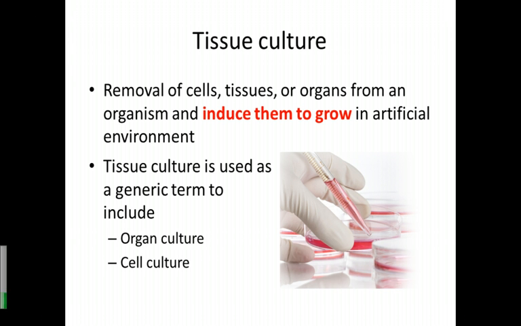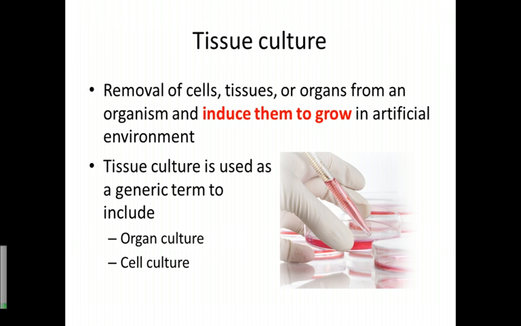Tissue culture is a very important technique which teaches you how to grow cells, tissues, and organs in the lab. How do we obtain these cells? Usually we can isolate cells from pieces of tissue, or from patient samples like peripheral blood.